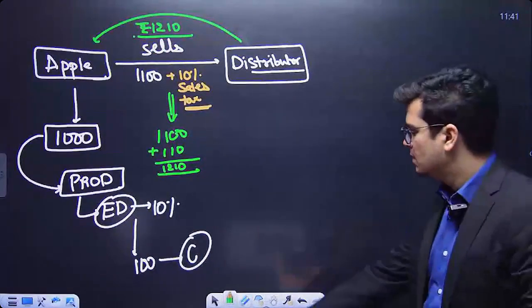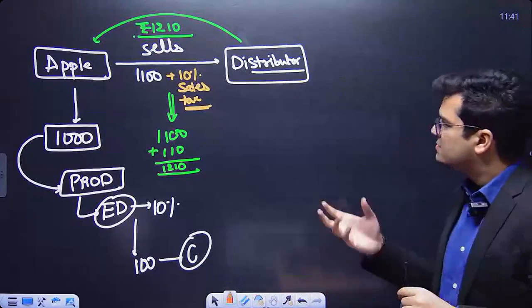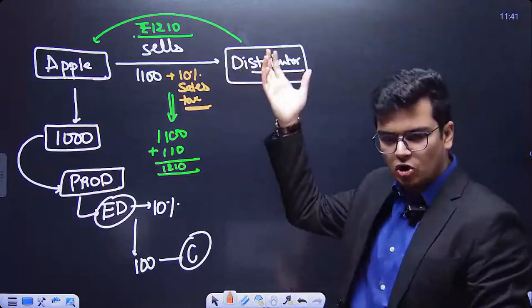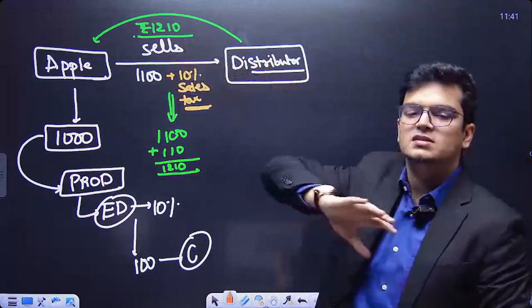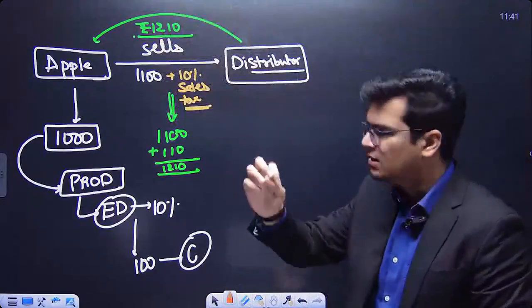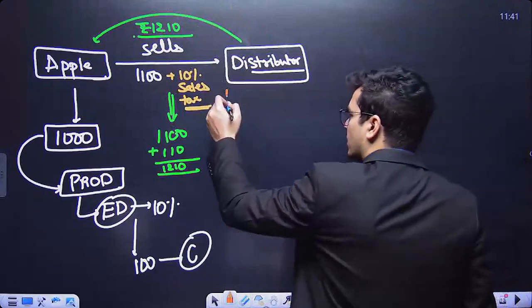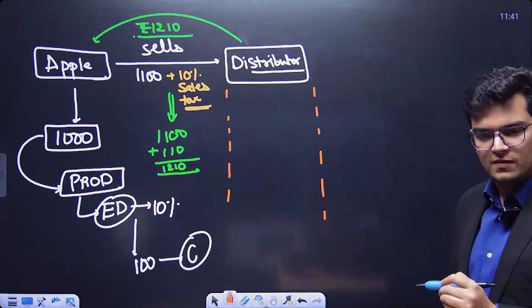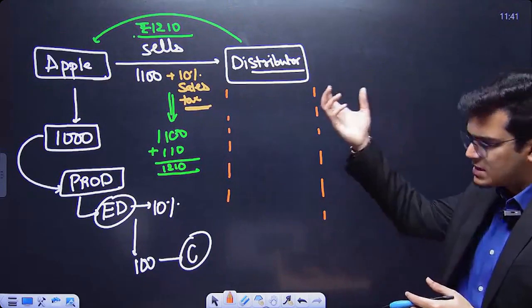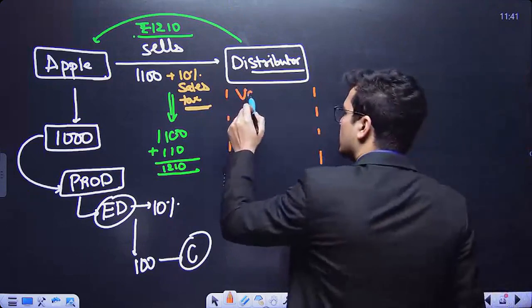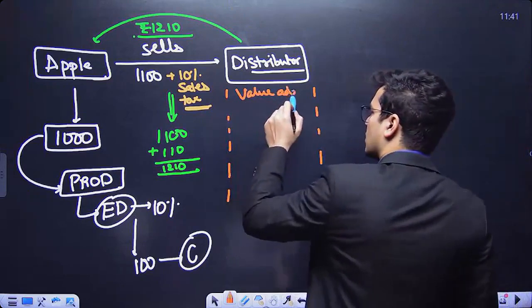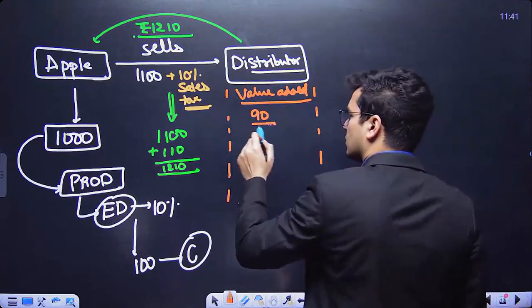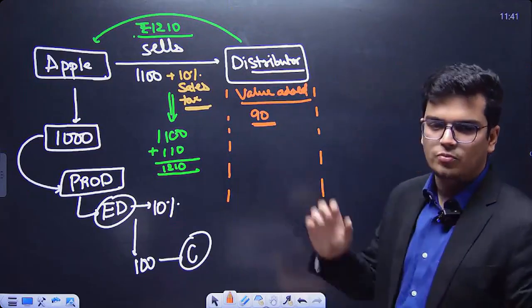Okay. Now, distributor also will do some changes. He also has a shop. He has to buy from Apple, then distribute in various parts of India, make some profit. So the value added by him. We have read the concept of gross value added, right? But let's say value added. Value that is added by the distributor, his profit, everything, is 90 rupees.